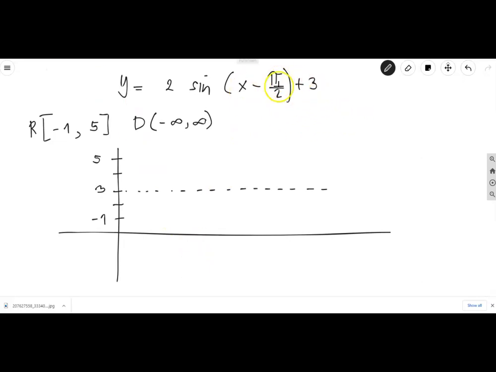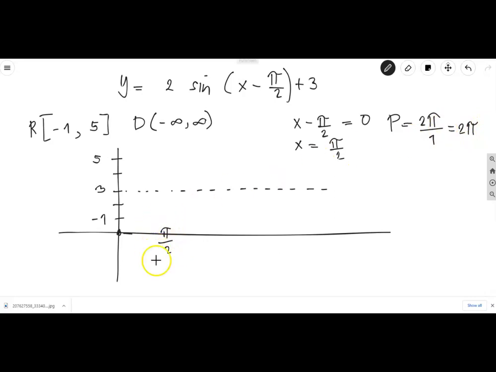Now we will solve the horizontal shift. The shifting is x - pi over 2 = 0, so x is equal to pi over 2. So instead of starting at 0, it will start at pi over 2. The period is equal to 2 pi divided by b, which is 1, so we have 2 pi.